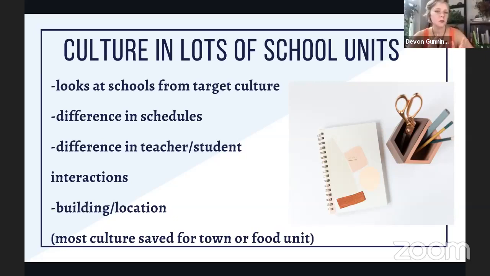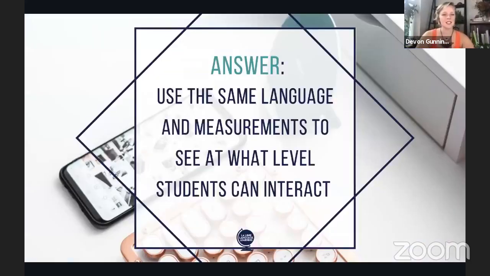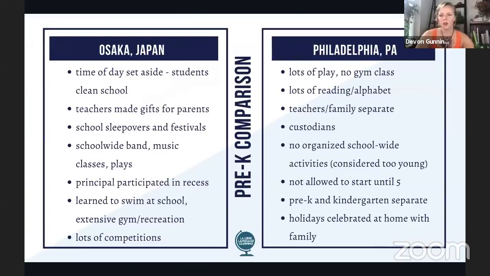If you look at schools from a target culture, maybe you might look at some differences in schedules, you might look at some differences in teacher and student interactions, like in this example that I gave you here. You might notice that the teacher and student interaction is much more frequent, and it's also much more close-knit, tied to the family unit without being intrusive or part of the family unit.